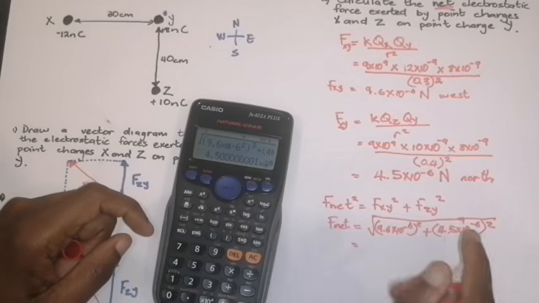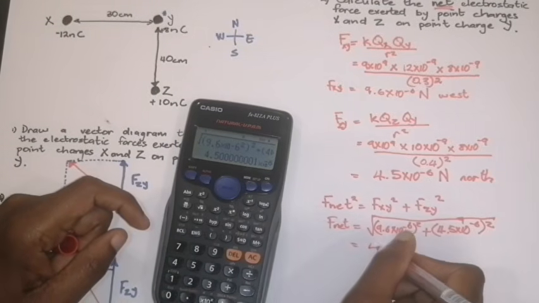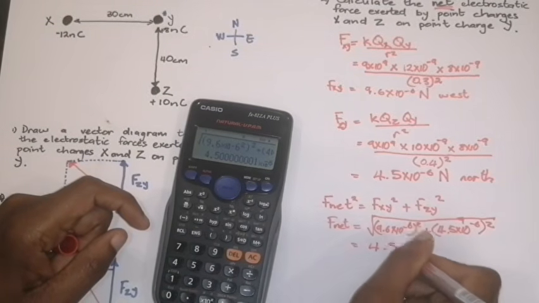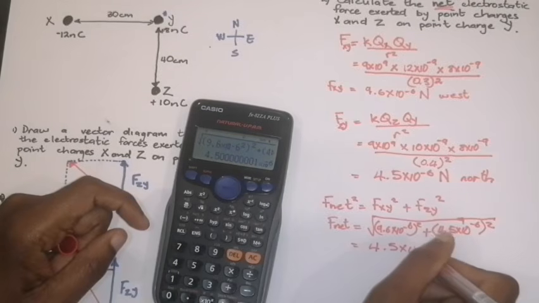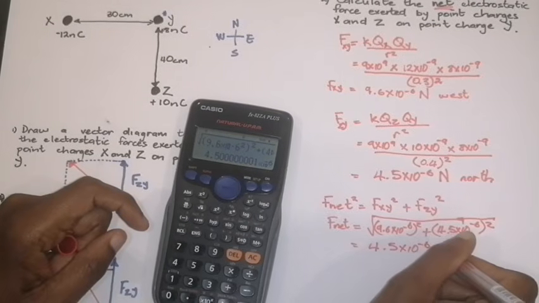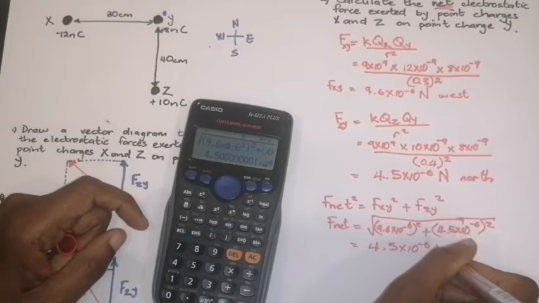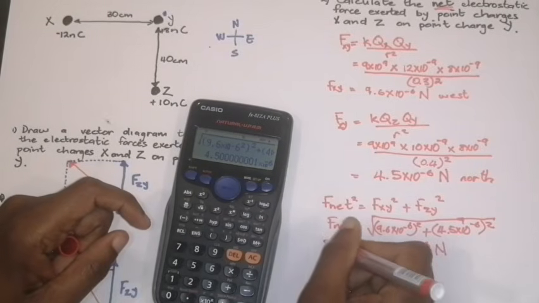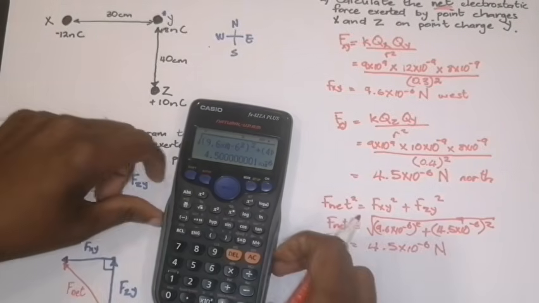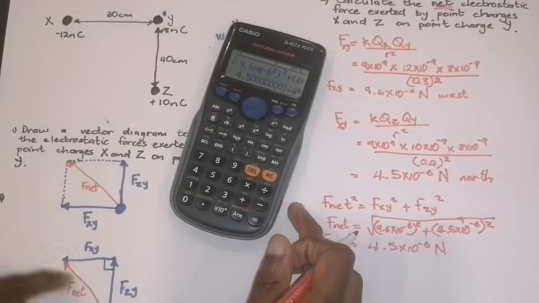I get a value of 4.5 times 10 to the minus 6 newtons.